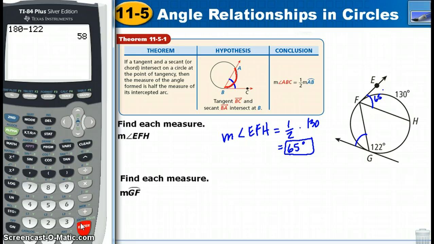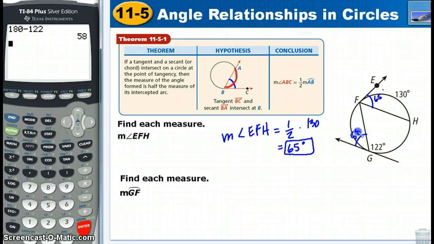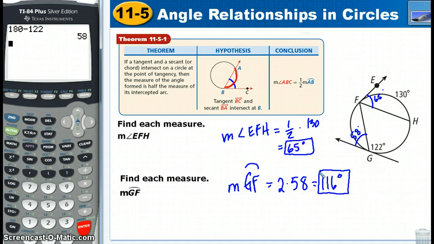That gives us that the measure of this angle is 58. So the measure of the arc GF is 2 times the measure of the angle, and therefore it is 116. Hopefully I didn't make any mistakes there. So that's how you use this theorem.